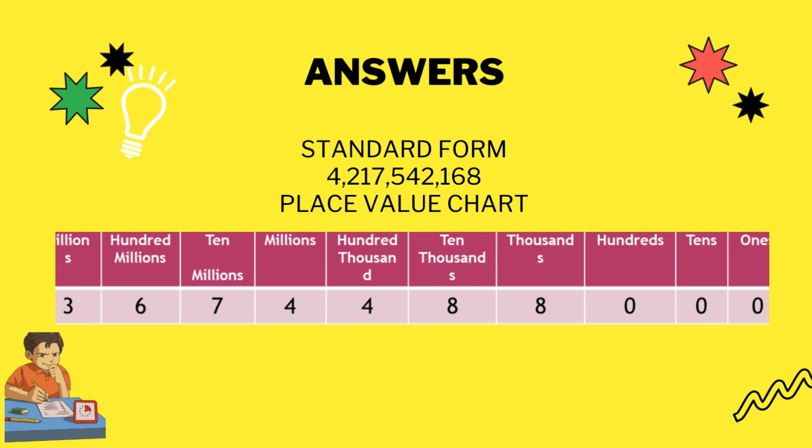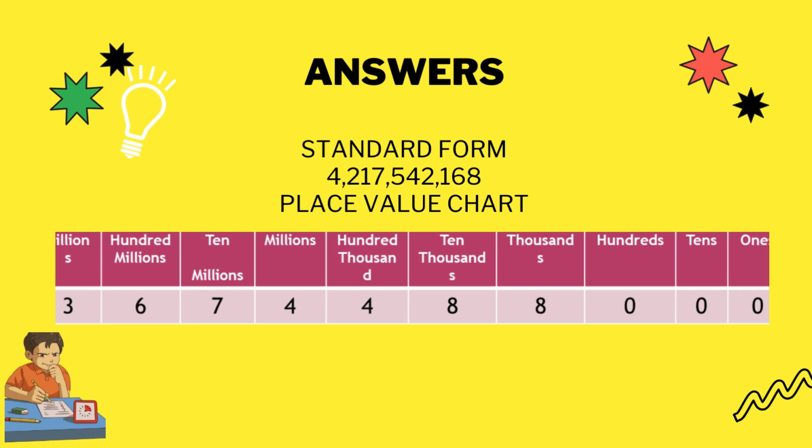And if you want to write it in a place value chart, the first digit 4 represents billion, 2 represents 100 million, 1 represents 10 million, 7 represents 7 million, 5 represents 500,000, 4 represents 40,000, 2 represents 2000, 1 represents 100, 6 represents tens, and 8 represents ones.